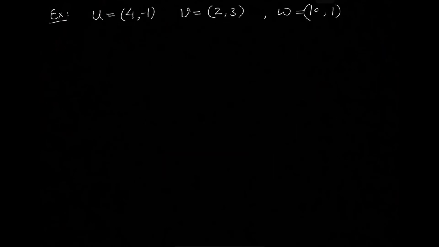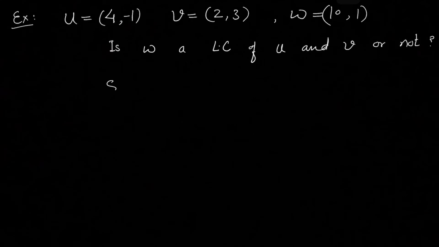So let me give you an example of a linear combination. We have to check whether w is a linear combination of u and v or not. Suppose w is a linear combination of u and v.